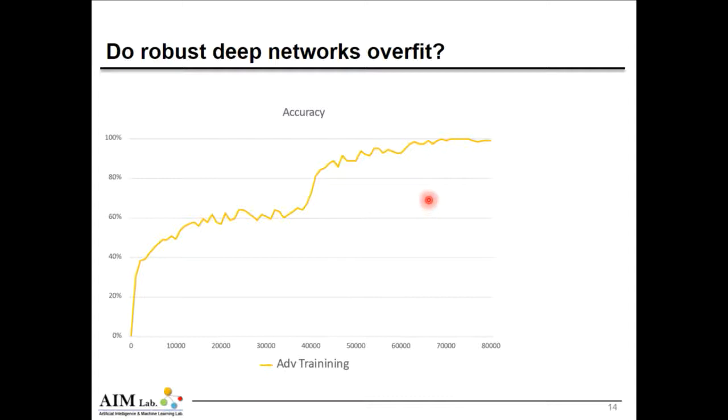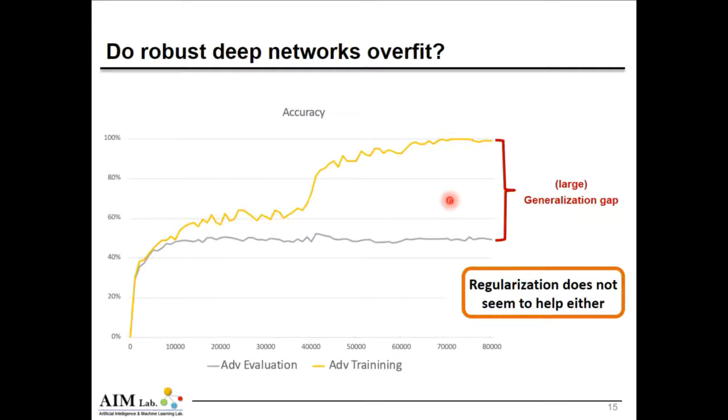However, if you look at what happens on unseen examples, that's the performance we observe. So we have this really huge generalization gap in a robust model. In this situation, what can we do? The obvious idea that we know is just to use regularization, but it did not help either.